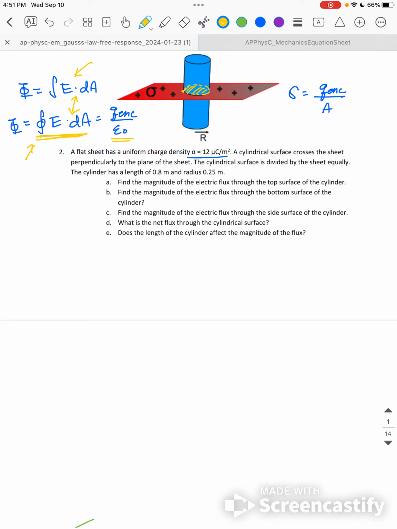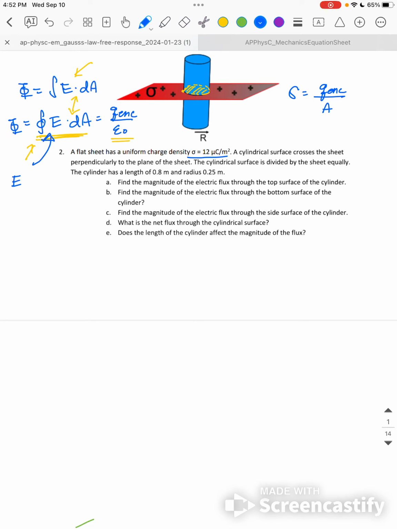The reason why it's harder to use E dot dA is because you would have to know what the electric field is of a plate of charge, and most students don't know that off the top of their head, but we will derive it and then we will show that it does come out to the same solution. It was derived in video 2 of 8.6, and so in class today, students just remembered that, or they looked at their notes and they just plugged that equation in.